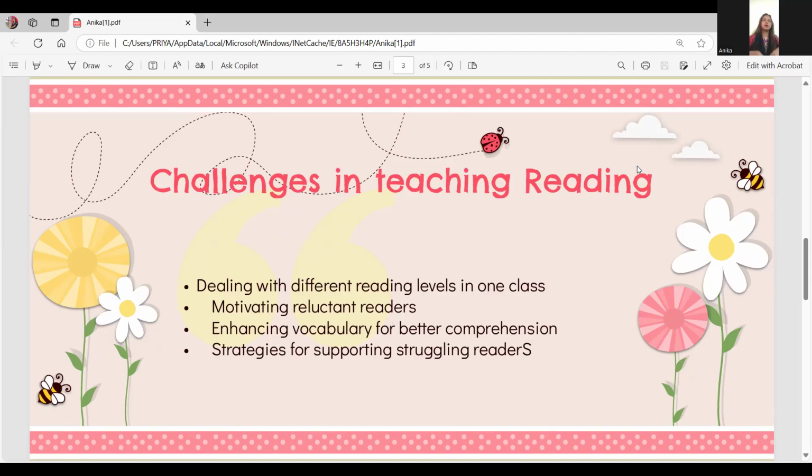A limited vocabulary may cause problems at the reading stage. And there are strategies for supporting struggling readers, which refers to the scaffolding we need in our classroom. In our traditional classroom, we may lack a scaffolding system.